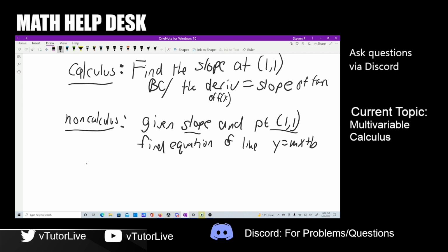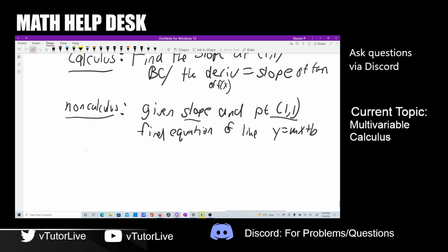Okay. Then let's figure out what the slope is. That's the limit as h goes to 0 of f of a plus h minus f of a, over h.